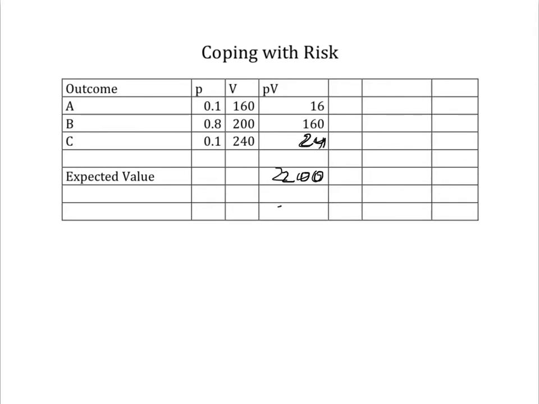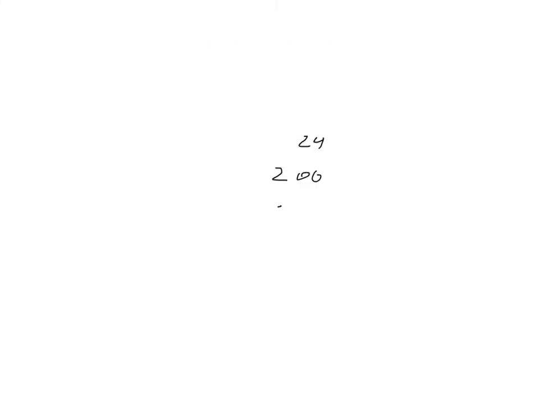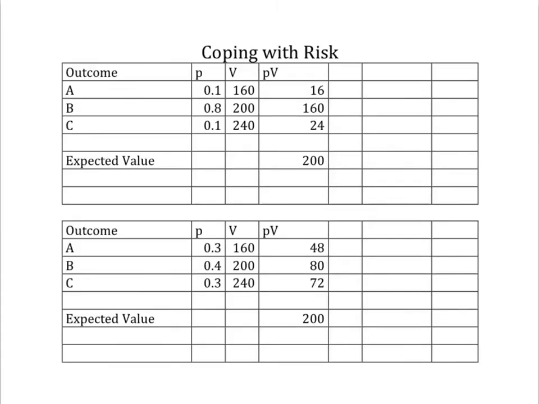Imagine that I have a second investment opportunity with the same possible outcomes, but quite different probabilities. The second investment has the same expected value, but with much greater uncertainty over which outcome will arise. The second is much riskier.